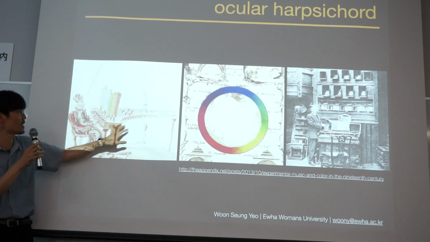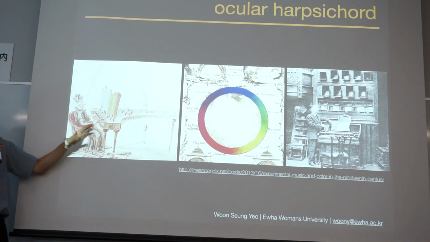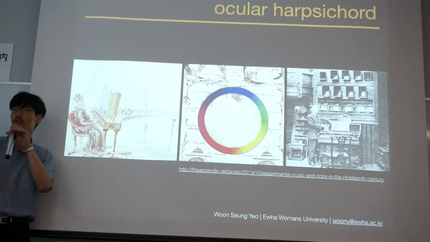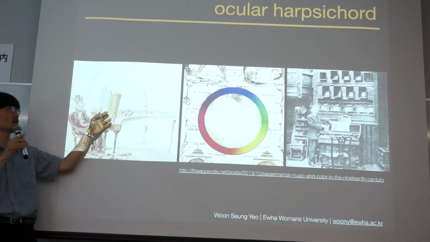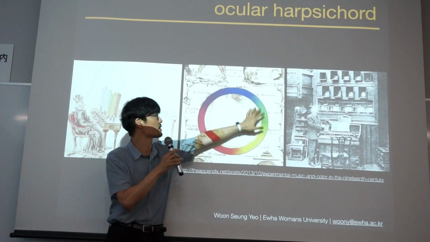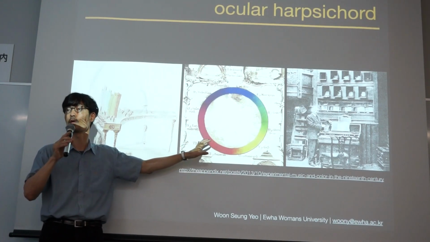As we can see, we have a keyboard instrument here, and this guy plays the keyboard instrument. As he plays the keyboard, the color of each key is presented like this. And this is the diagram of the mapping from the musical note to color.